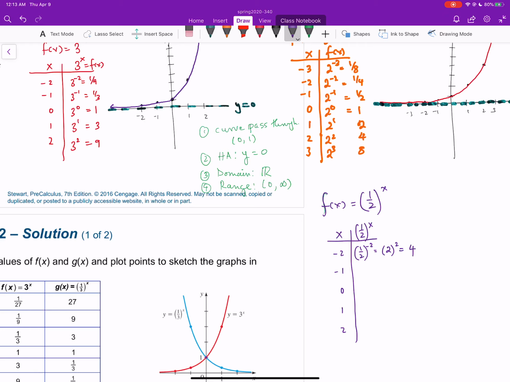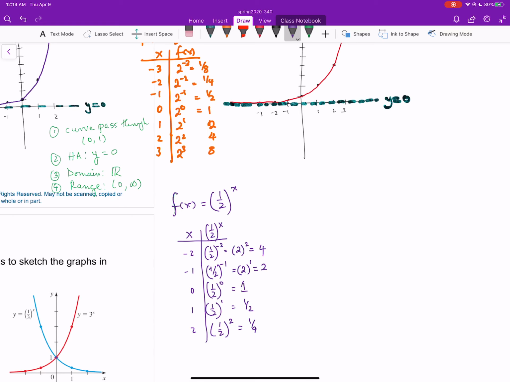And then if I have 1/2 to the -1, that changes to become 2 to the 1, which is 2. 1/2 raised to the 0 is going to be 1, and then 1/2 raised to the 1 is 1/2, and 1/2 raised to the 2 is 1/4.